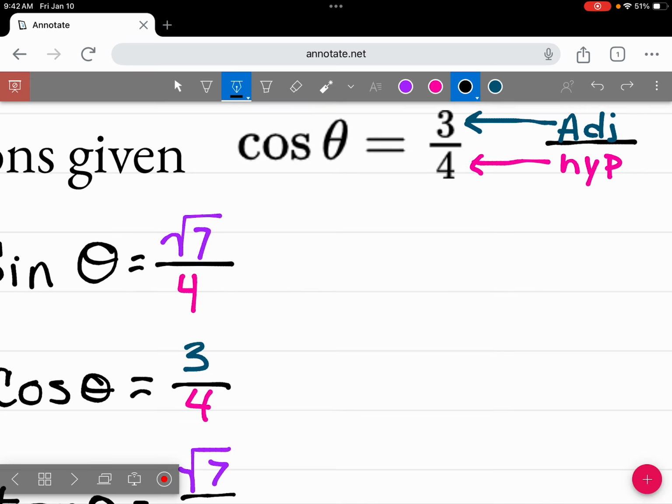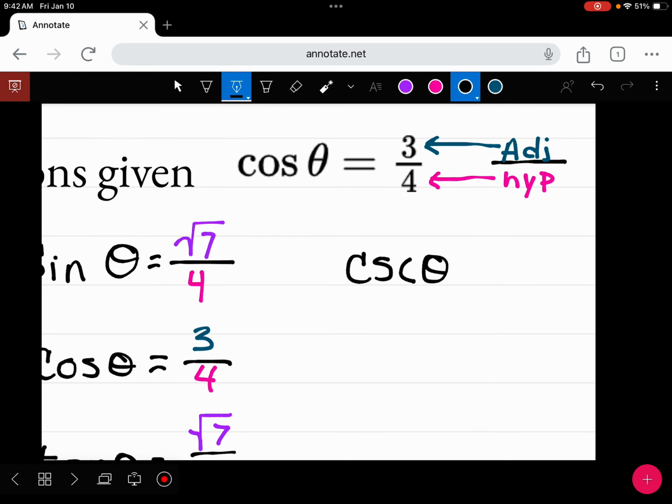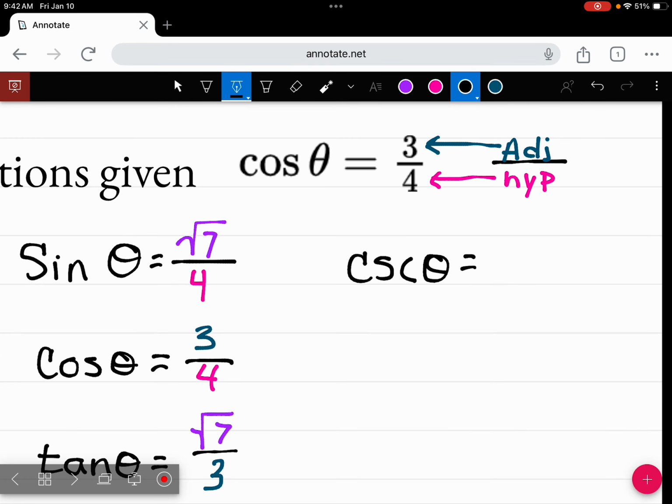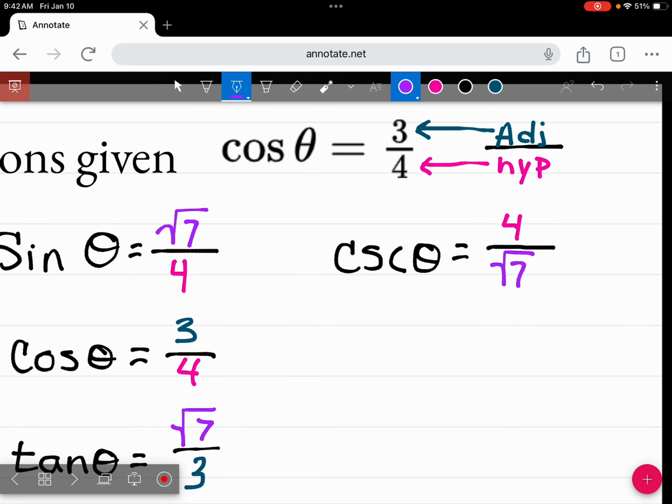Okay, so sine goes with cosecant, because each pair only gets one co. So cosecant of theta is, and we're going to flip it upside down, 4 over square root of 7. Do we get to have square roots in the denominator, though? No. What do we do? Times square root of 7 over square root of 7.